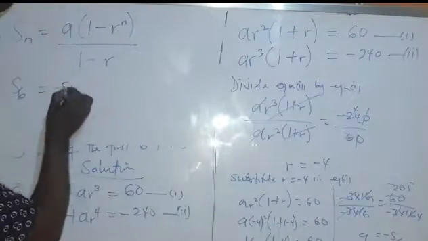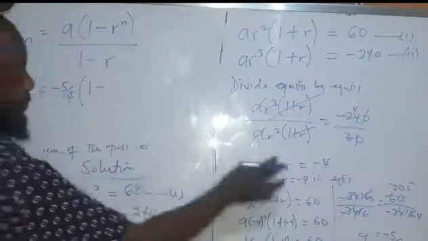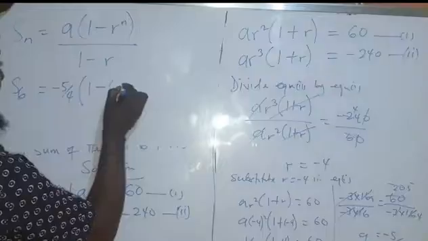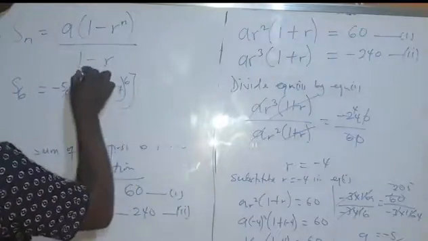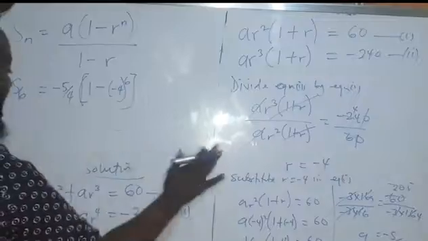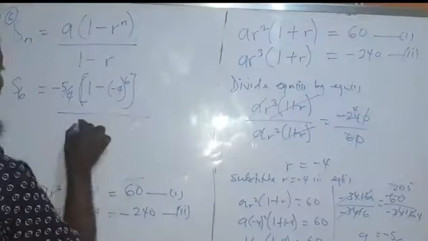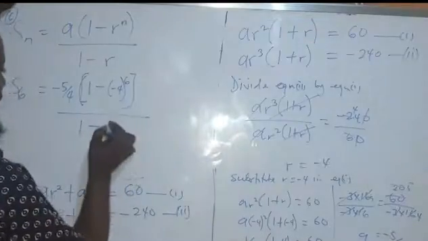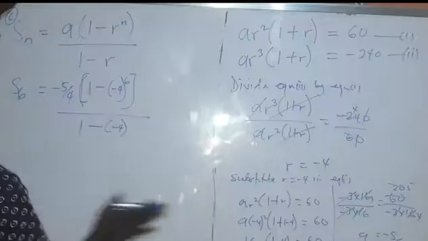Minus 5 all over 4 into brackets 1 minus R, which is minus 4, raised to power n, that will be 6. Close it. Divided by 1 minus R, which is minus 4.